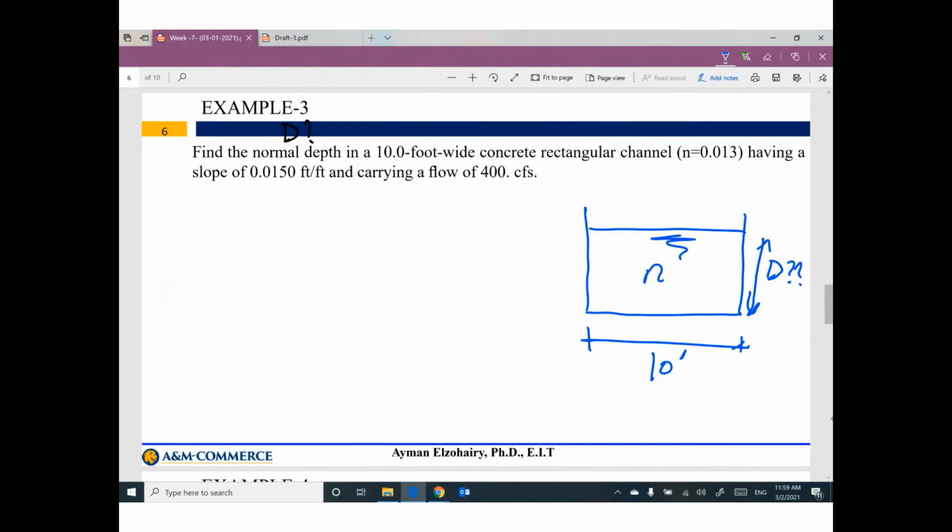The Manning coefficient for this channel is 0.013, the slope of this channel is 0.015, and the discharge, the carrying flow, equals 400 cubic feet per second.